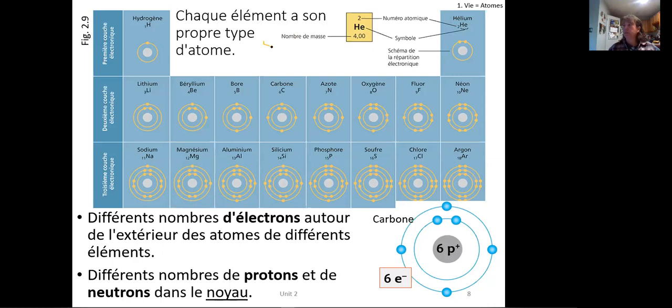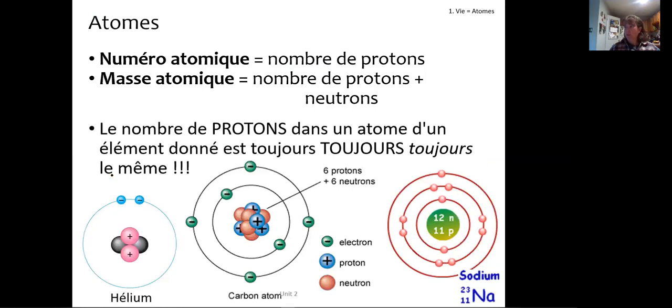So 4, protons and neutrons, minus 2 protons. How many neutrons are in this element? 2 neutrons. And Elio can stop and explain again if you need to, but we'll look at carbon and do that again.